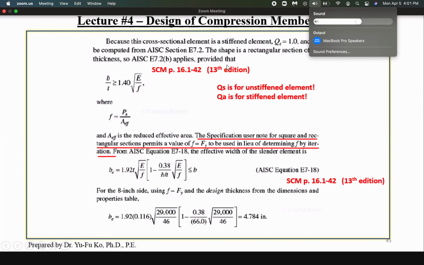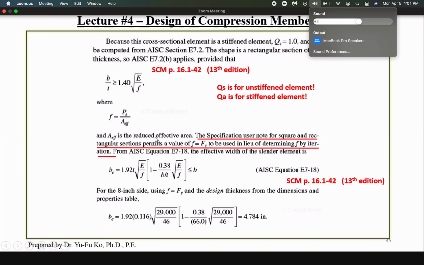So, to calculate Qa, you need to refer to this equation. So write it down if you don't have that equation. You need to satisfy this equation. B over T bigger or equal to 1.4 square root of E over lowercase f, where lowercase f is equal to Pn divided by Aeff, the reduced effective area.